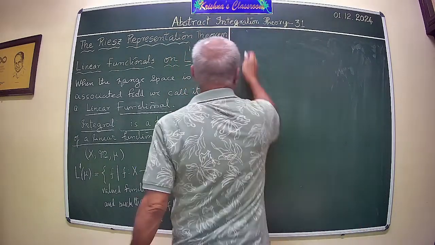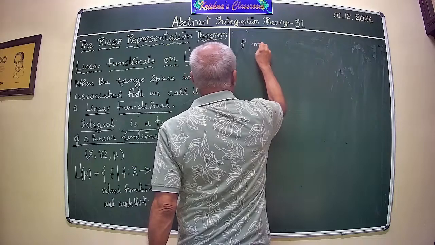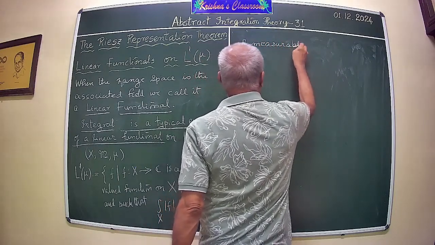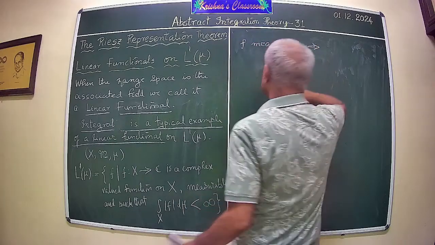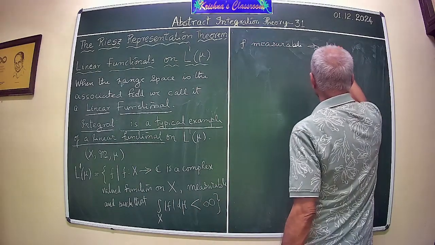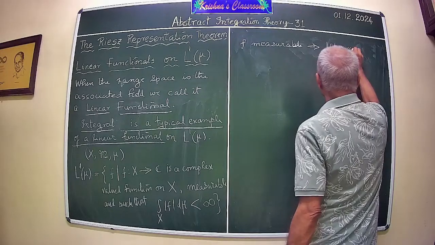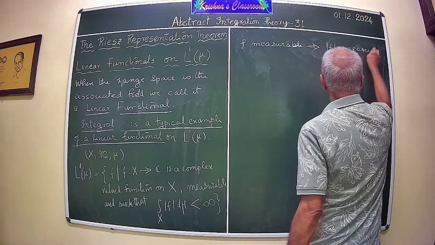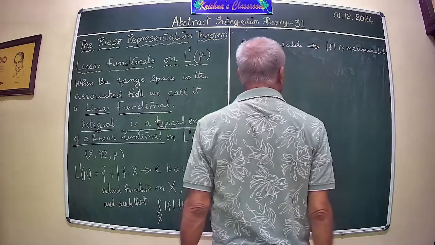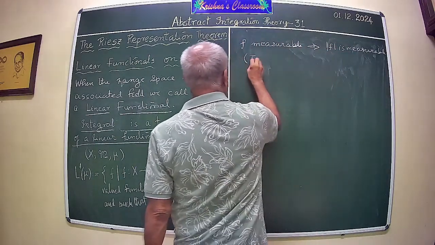Now f measurable implies mod f is measurable. The converse may not be true.